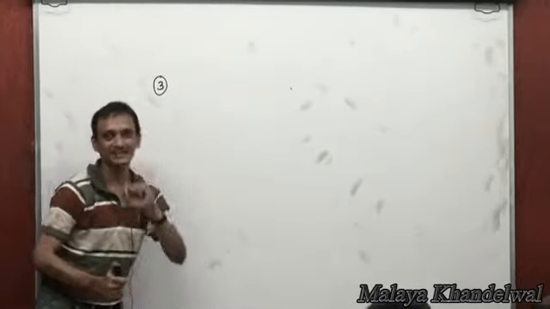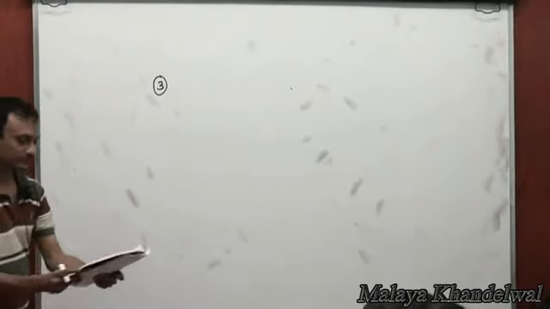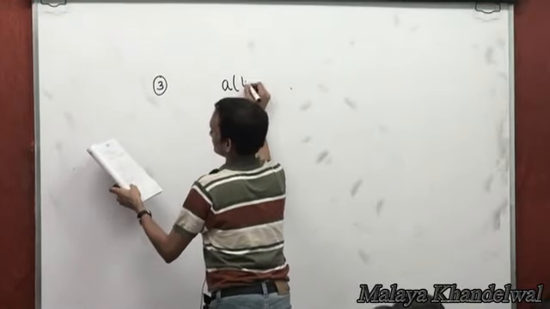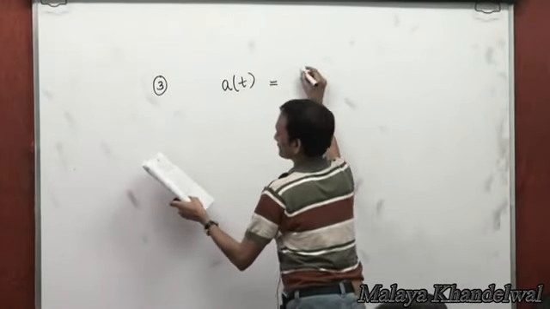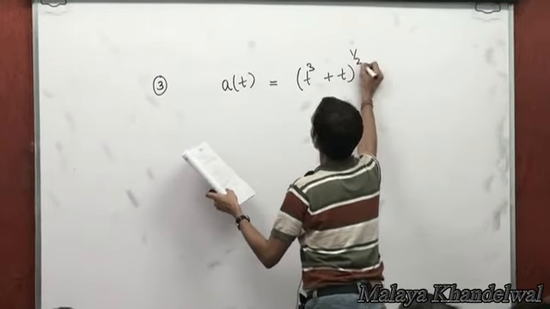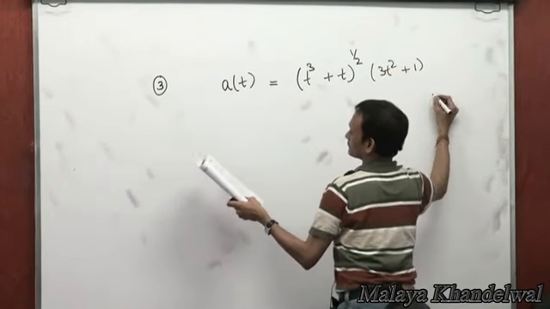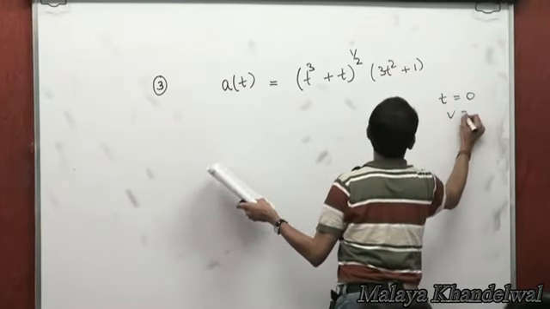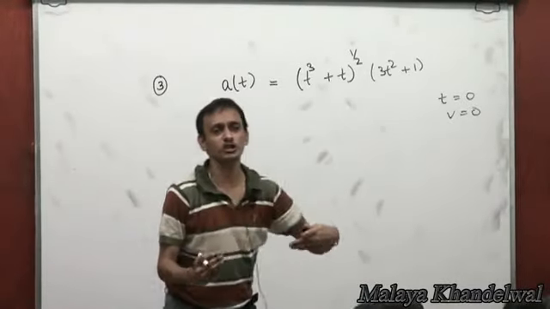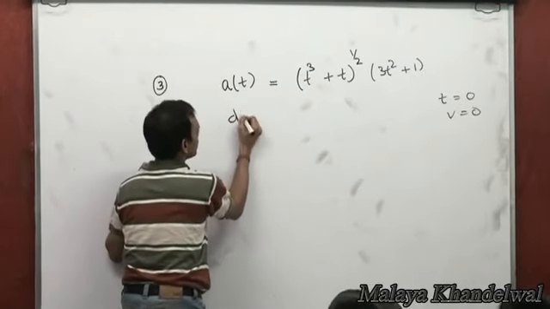What was the third problem in any case? All right. Acceleration is dv/dt.